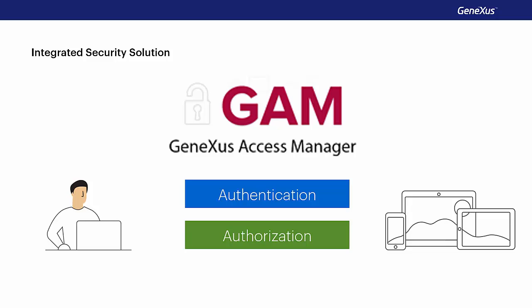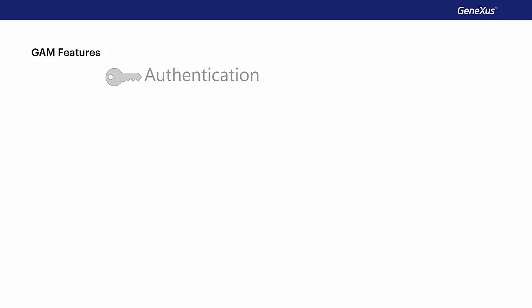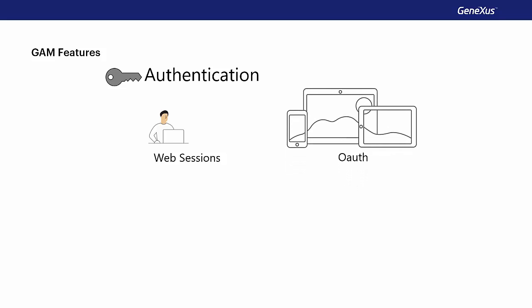The GAM also provides a backend that enables the definition of users, permits, security policies, and access to objects, among other things. Additionally, it offers an API to access many of these functionalities in a programmatic manner. What's used to internally solve the authentication is web sessions for web application security and OAuth to solve security in the case of SD apps.